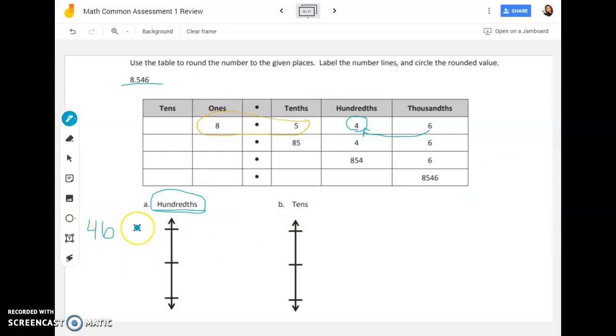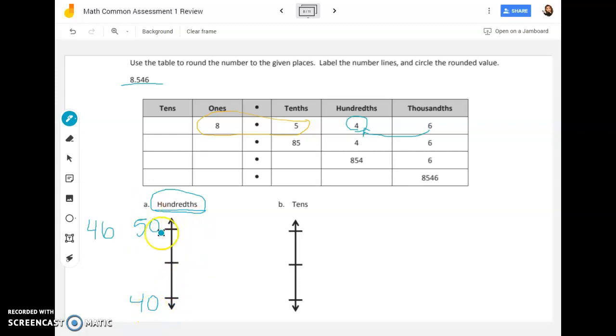We have to decide what two tens 46 is in between. If I'm skip counting by 10, 20, 30, 40, 50, 60, what two tens does 46 come in between? Well, it comes in between 40 and 50.